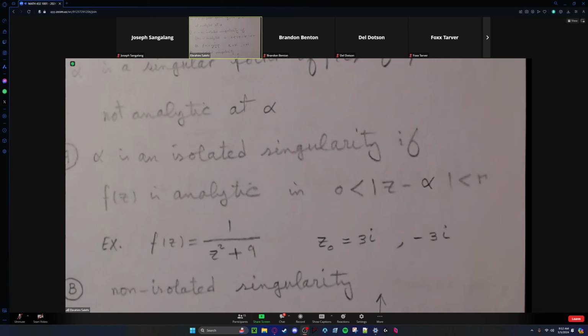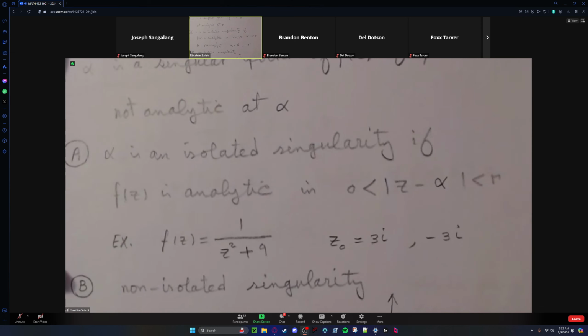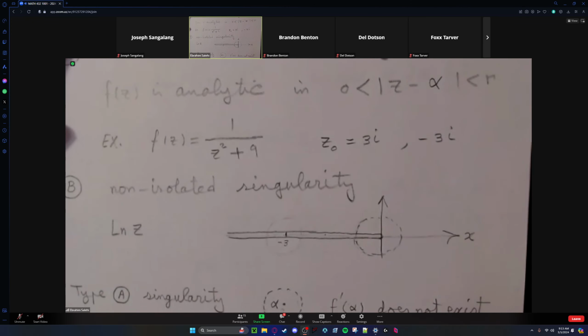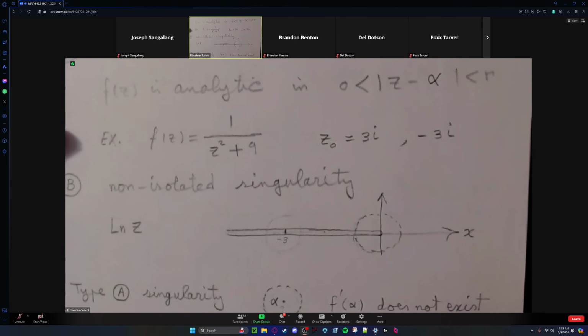Isolated singularities, all right? But there is another type of singularities, which we call non-isolated singularities.